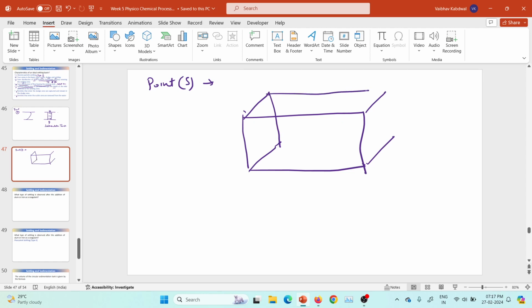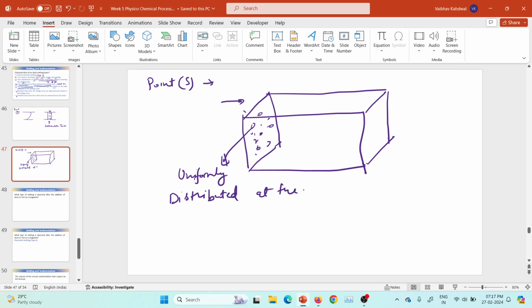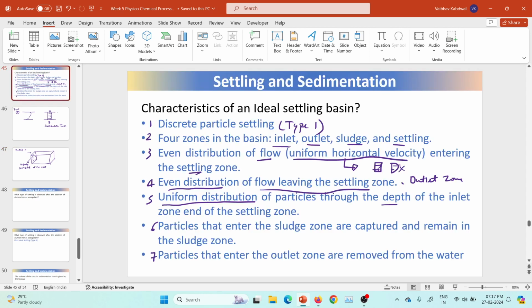Here the particles are uniformly distributed at the inlet. The uniform distribution of particles through the depth of the inlet zone and of the settling zone.